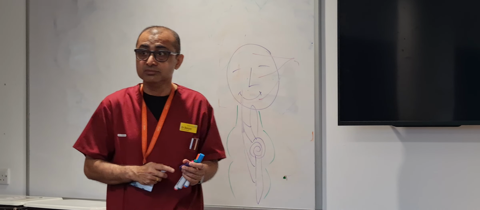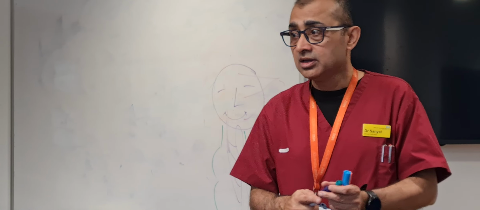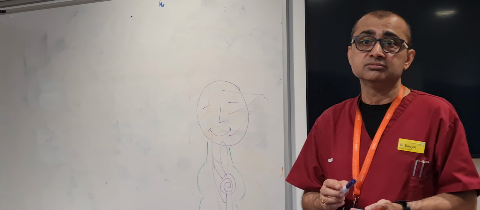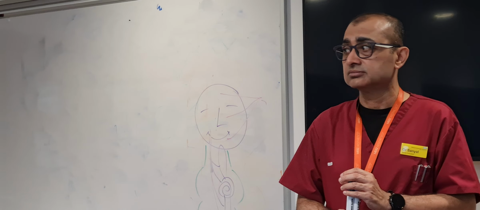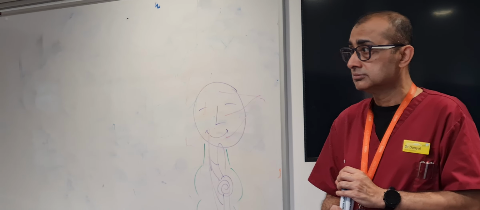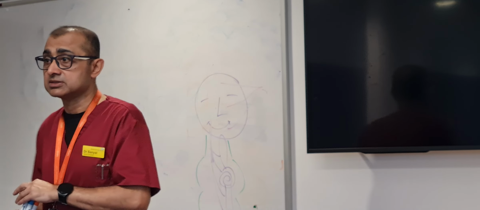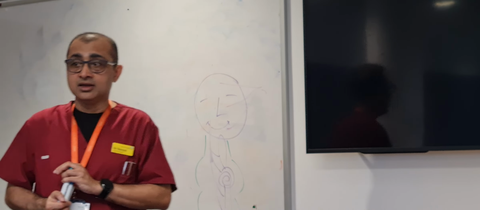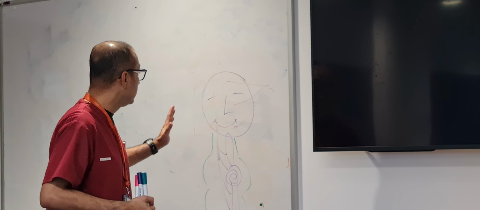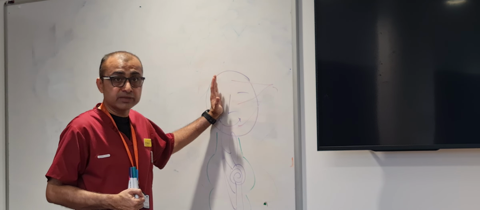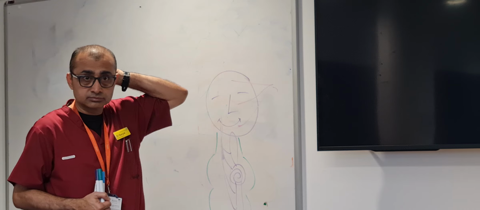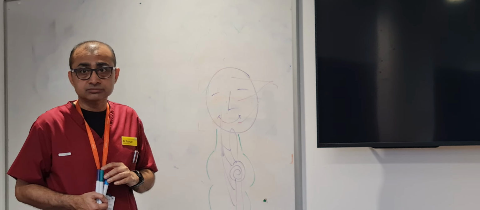All the sensory information has to relay in the thalamus, so where do they relay? The ventroposteromedial nucleus of thalamus, and then they go to the cortex. Is that clear?